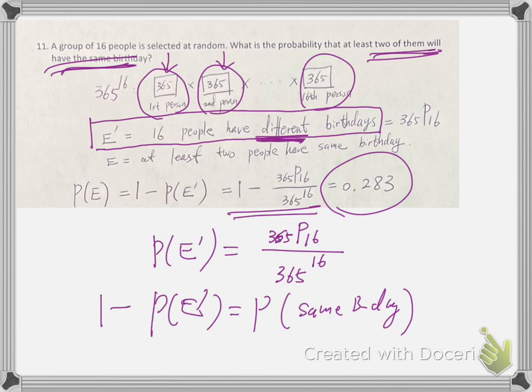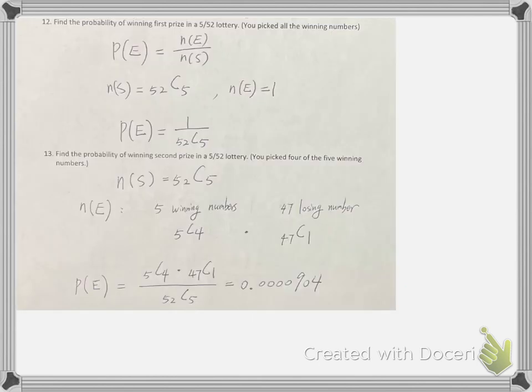So permutation for birthday, and the lottery is combination. Here I gave you two examples. We choose 5 numbers from 52 numbers. This is n, and this is the winning number.